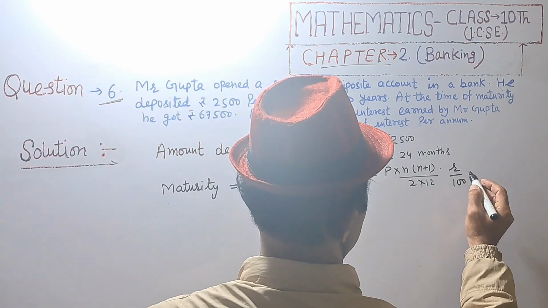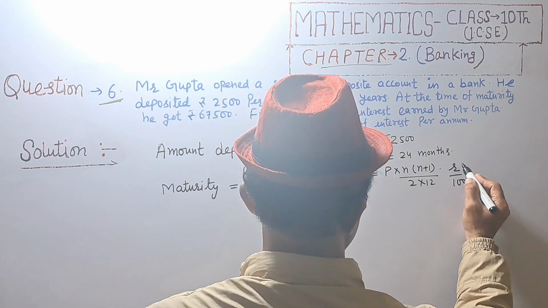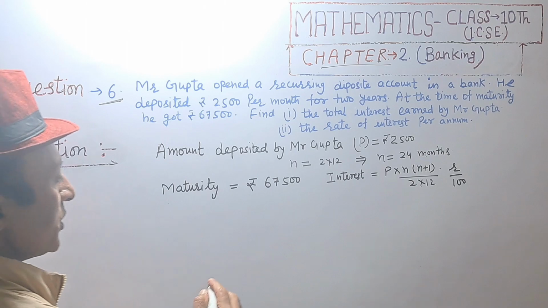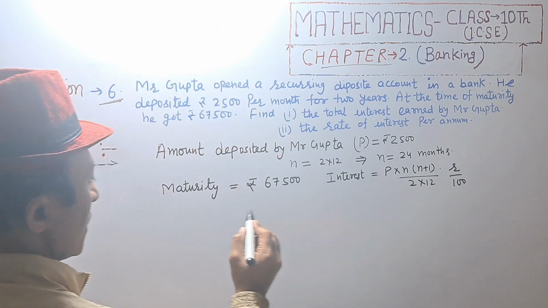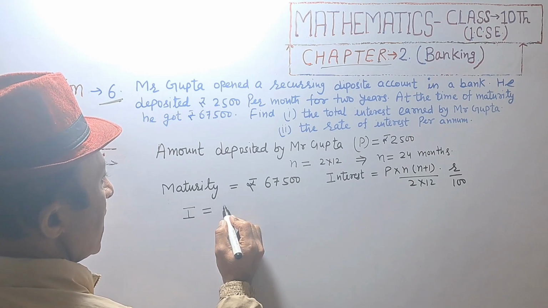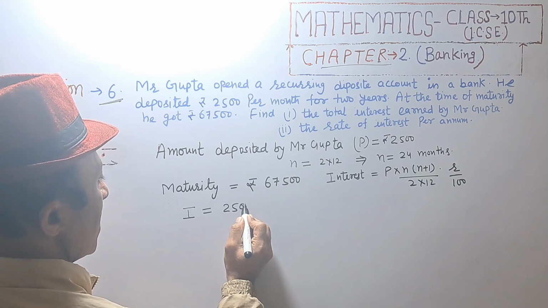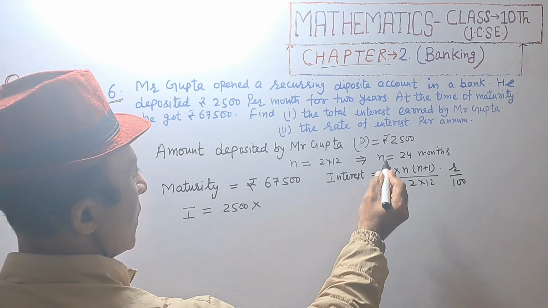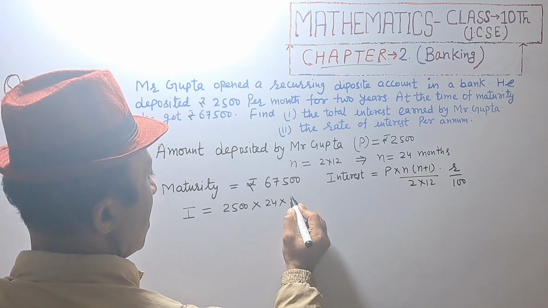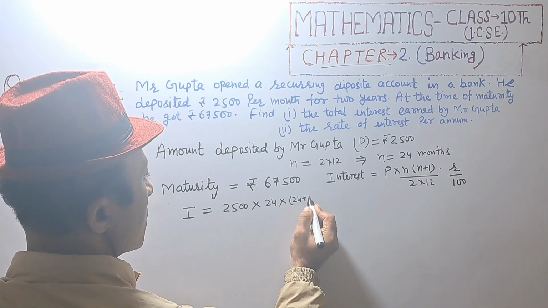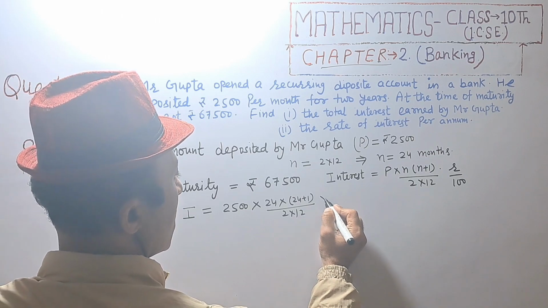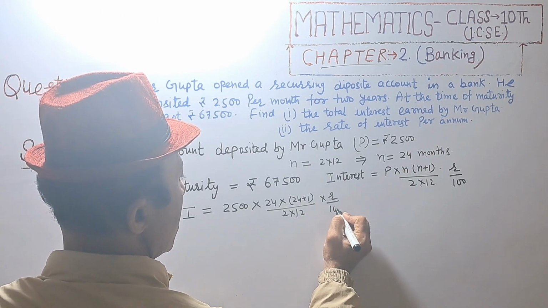Rate of interest is equal to R. Interest is equal to P is 2500 into N is 24 into N plus 1 is 24 plus 1 divided by 2 into 12 into R upon 100.